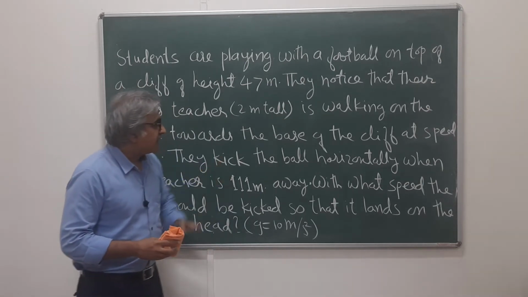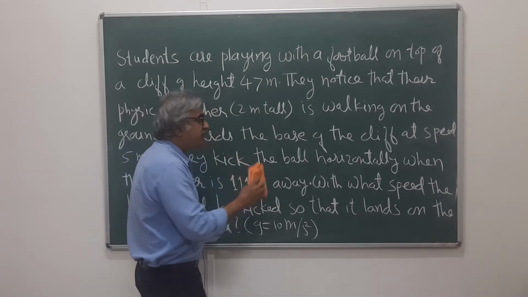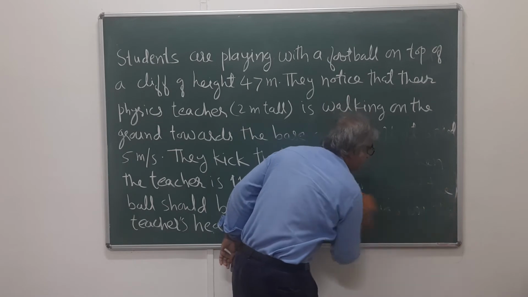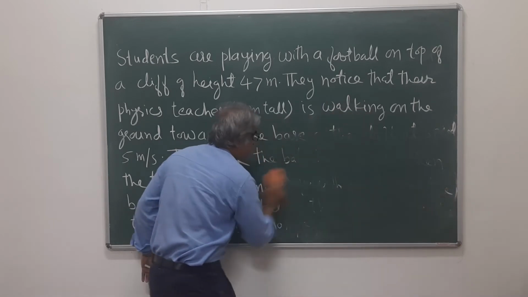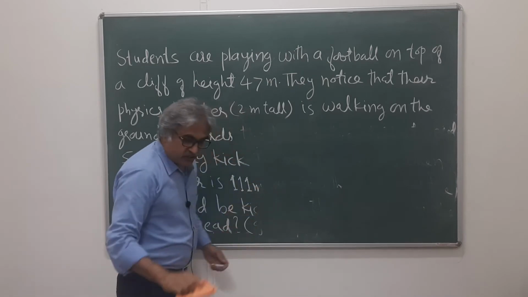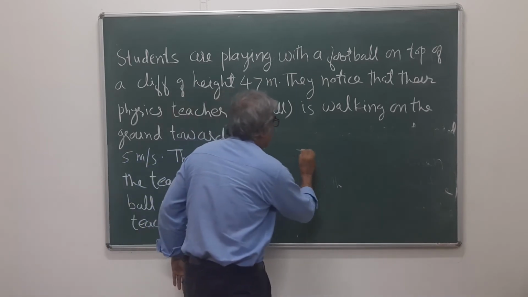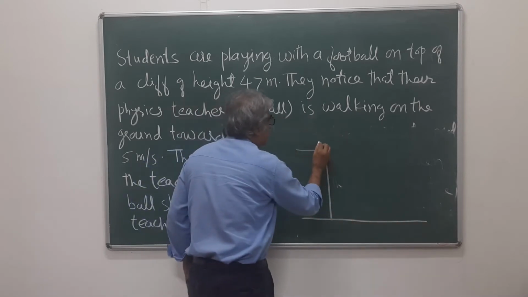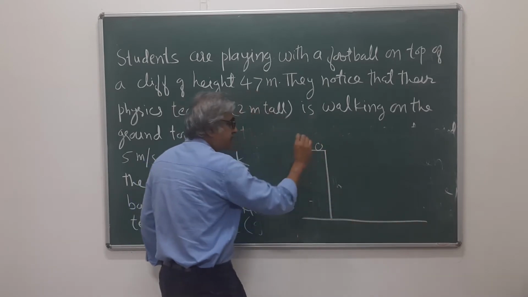I need to clear some space because it's a long problem. Okay, so let's say this is the cliff, this is the ground, and the ball is to be kicked from here.